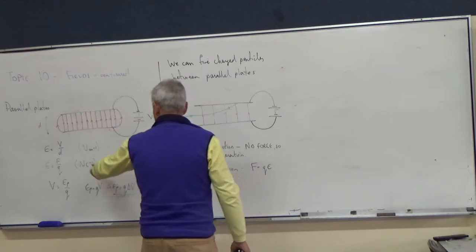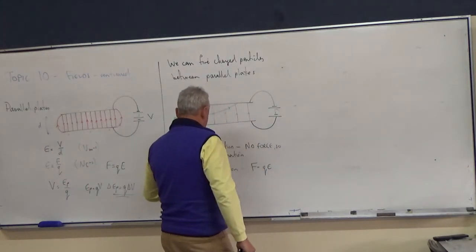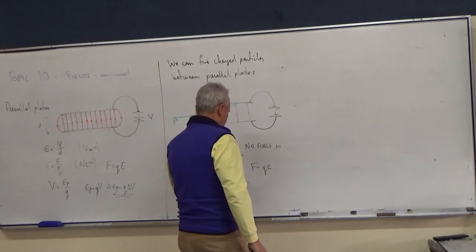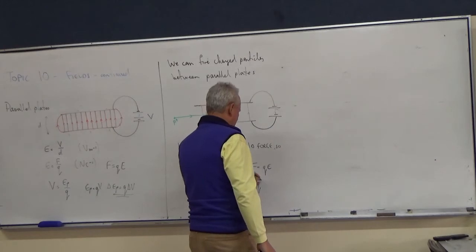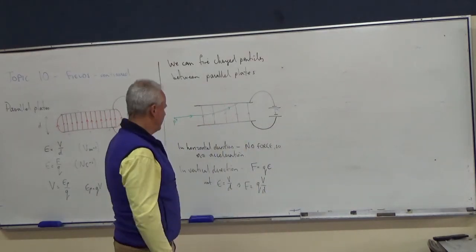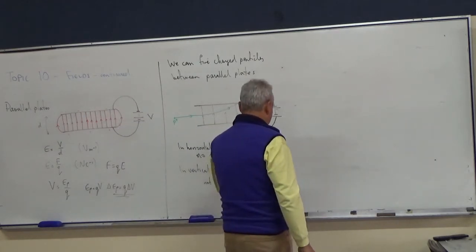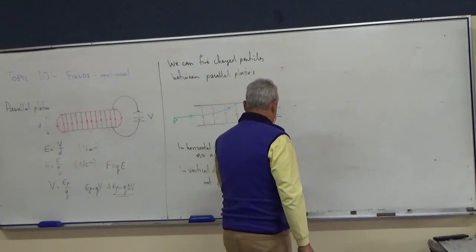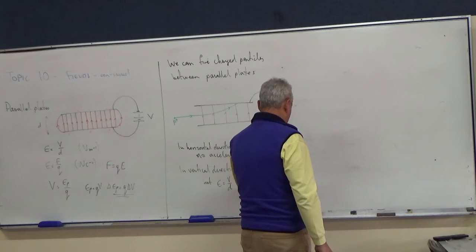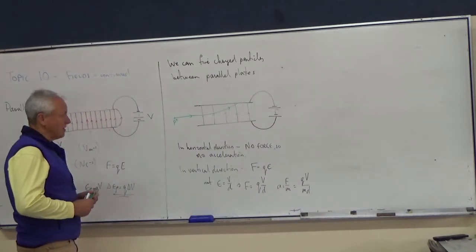But E is equal to V over d. So F equals q times V on d. a equals F on m, which is q times V over m times d. So we get that acceleration in the vertical direction.